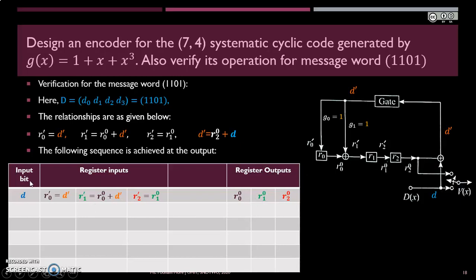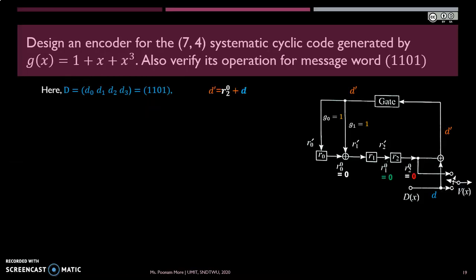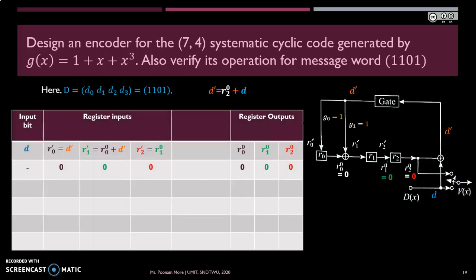So let's start. Initially we will consider that all the registers are reset. That means all the registers are initialized, and hence the values of their input as well as output are 0. We will consider that the first bit is entered, as we have to enter from the last bit to the first bit.